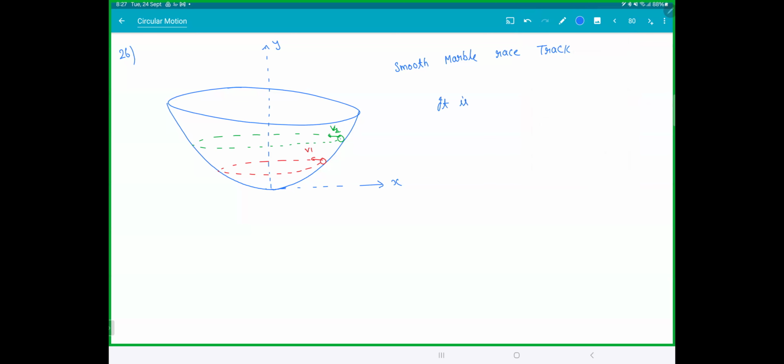It is observed that when a marble is thrown with any speed, the time taken for one revolution is t.